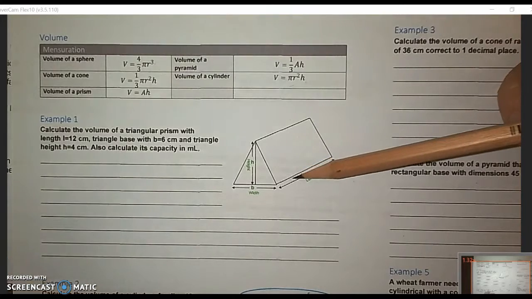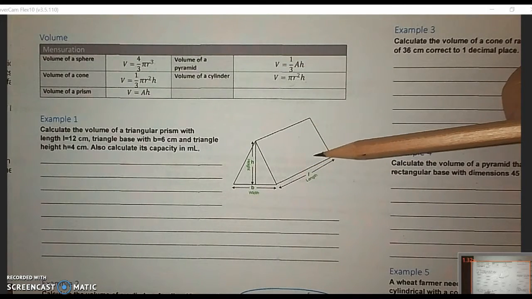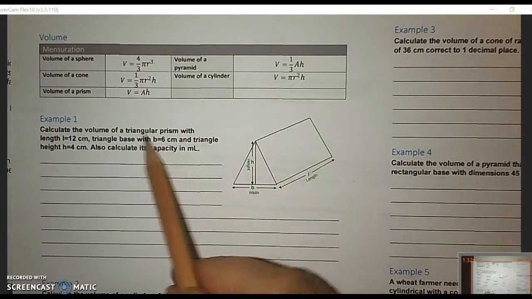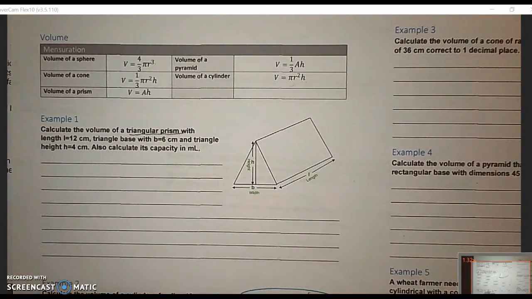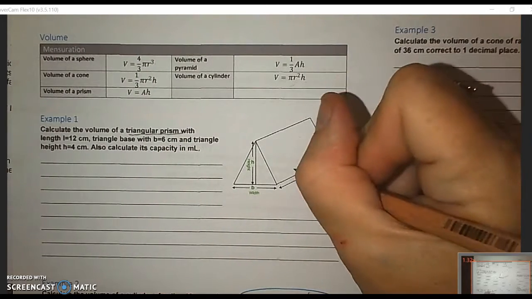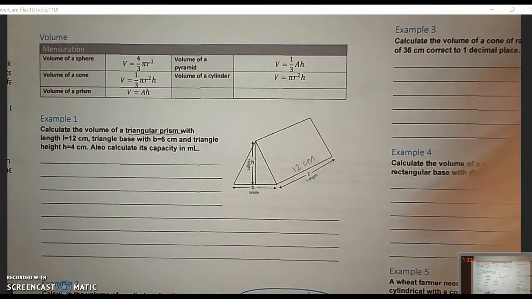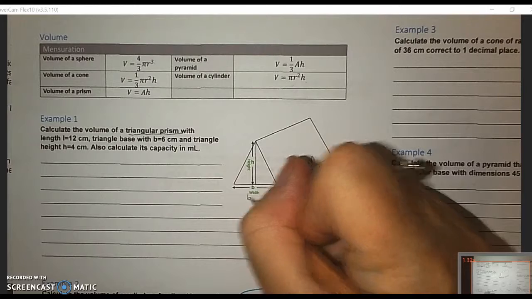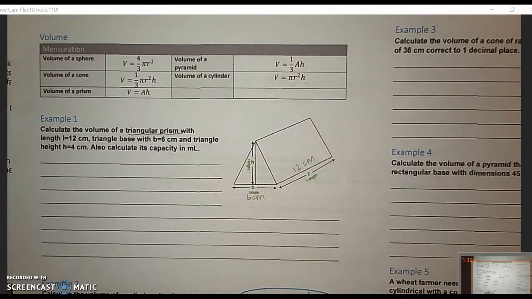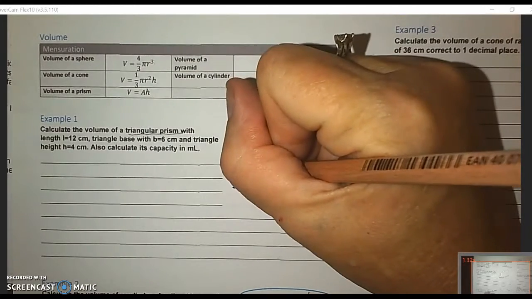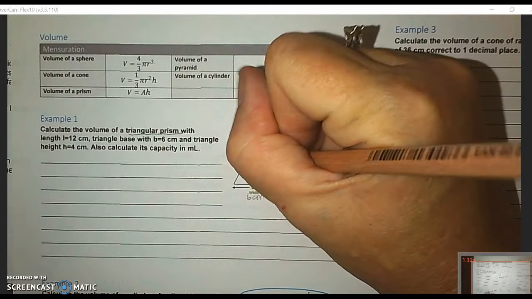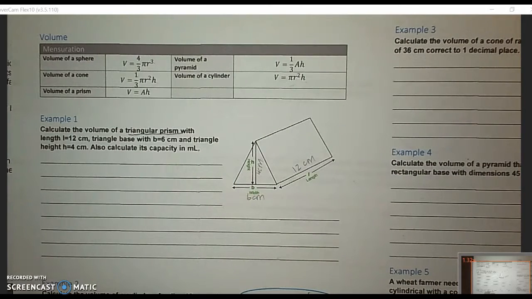Okay, so our first example says calculate the volume of a triangular prism with a length of 12 centimetres, a base of 6 centimetres, and a height of 4 centimetres. So I'll just put those on there.